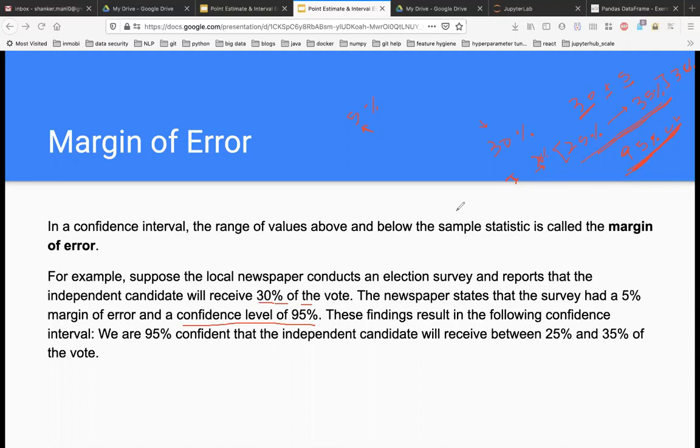How do you arrive at that 95% number? How do I say that 95% is my confidence level? Is there a formula to calculate that? There is no formula. This is more like a discussion type of thing.